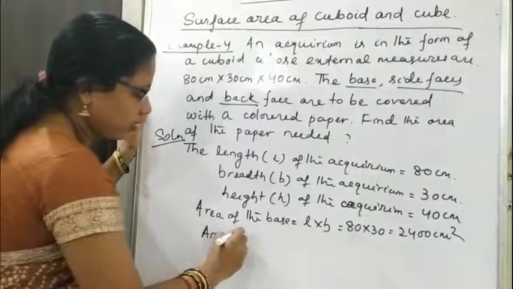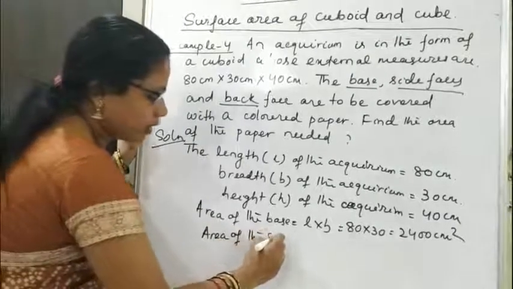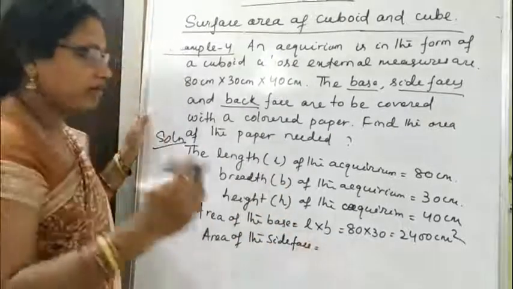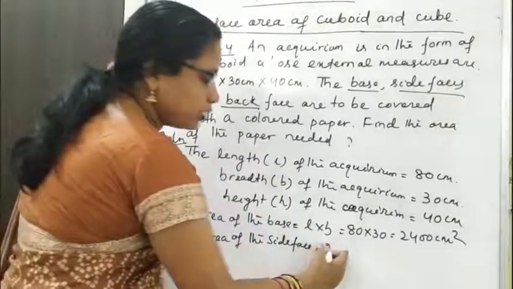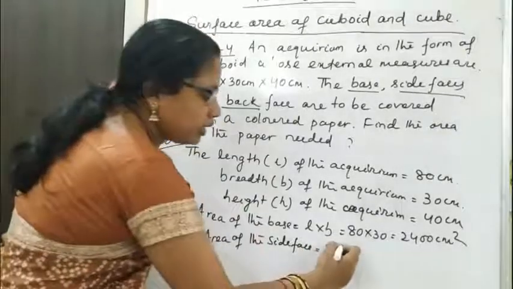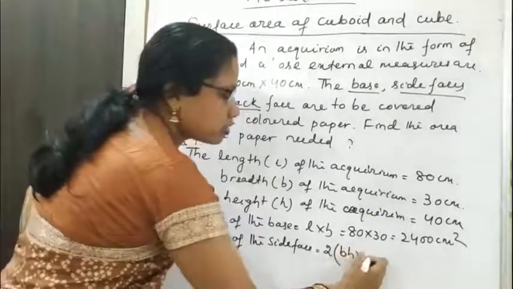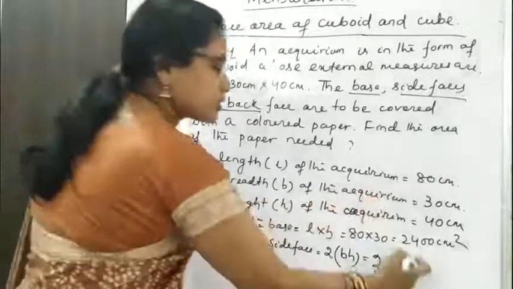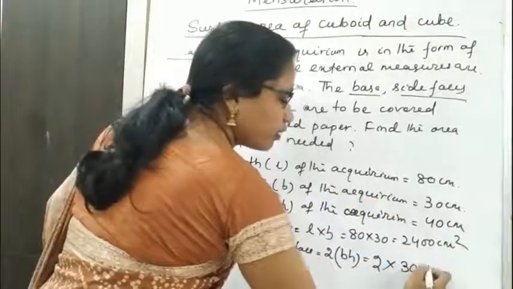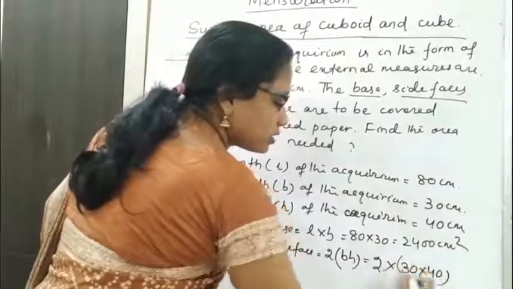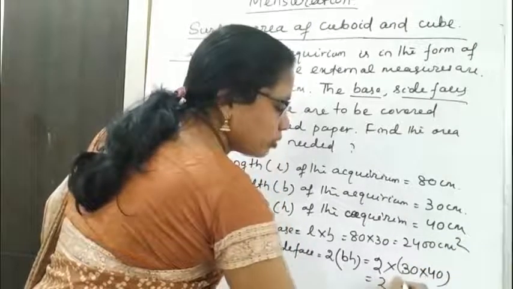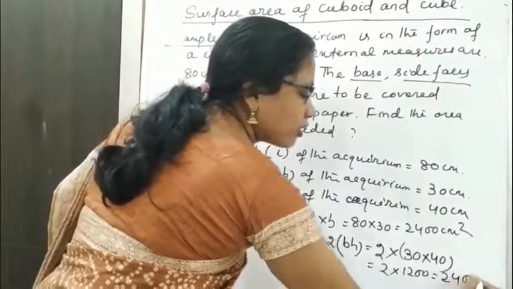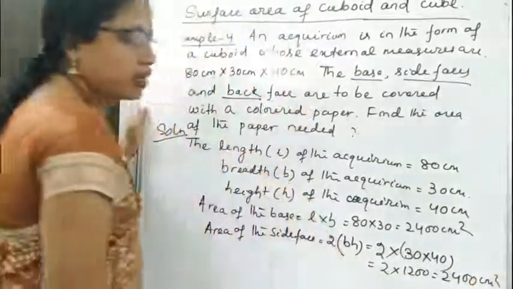There are 2 side faces, that is 2 into B into H. So that is 2 multiplied with B is 30 into 40. So this is 2 into 1200, that is 2400 centimeter square.